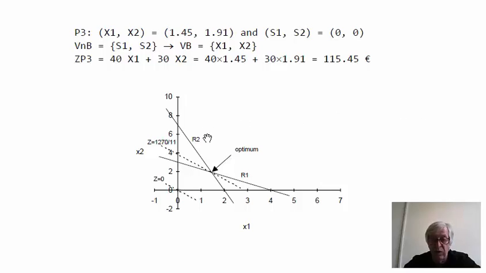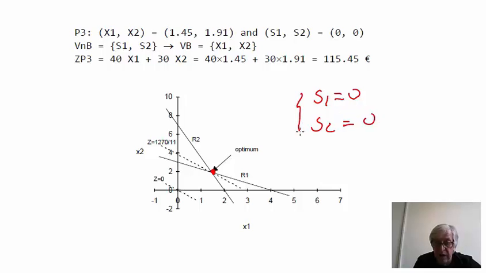The third point that we are going to check is the optimal one. In this point, we saw previously that we have s1 equal to 0 and s2 equal to 0. That is, we are in the boundary defined by the two restrictions. That is, what we are using is equal to what is available. So setting this condition in the system of equations, we will be able to get the values of x1 and x2, which are listed here: 145 and 191 units per day.